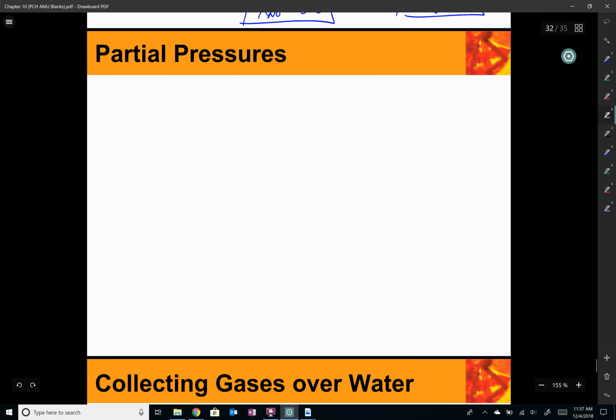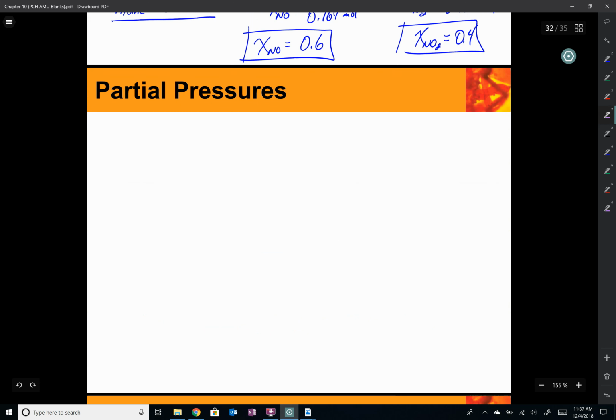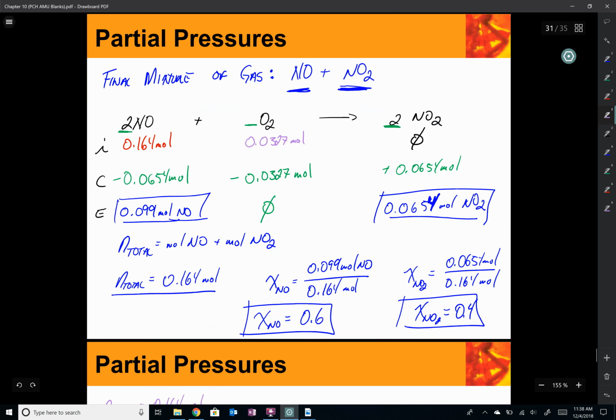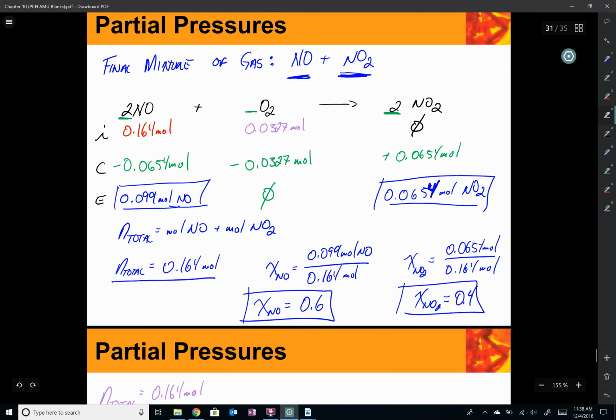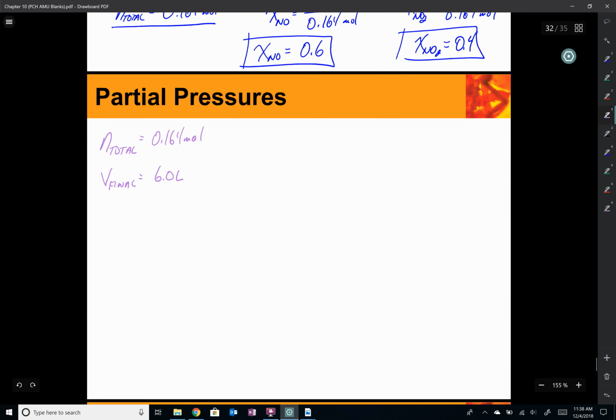Let's gather some information together. We know our total number of moles. It was 0.164. Our final volume is equal to 6 liters, because this question told us that we mixed a 4-liter and a 2-liter container together.